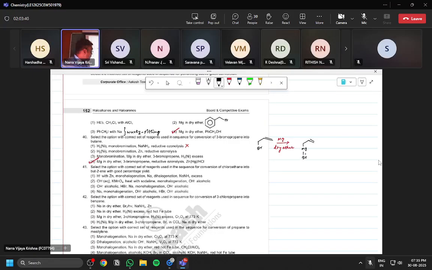Then magnesium in dry ether, now you are adding 3-bromopropene. So this is allowed to react. Now this group acts as a nucleophile, a good source of R minus.